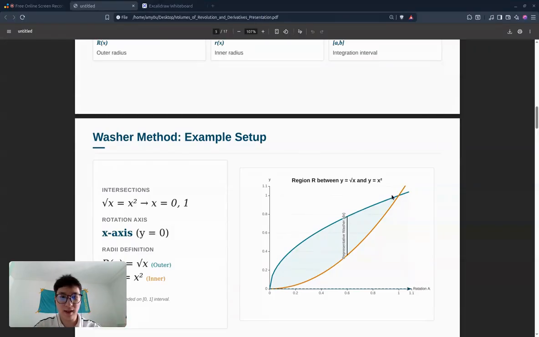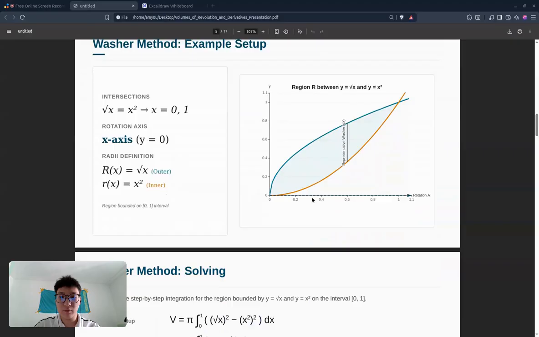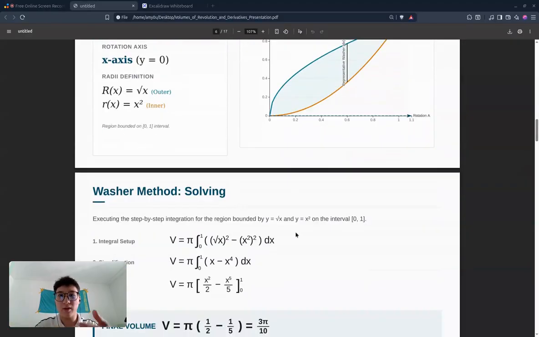You can see on the diagram that the square root of x is our outer radius and x squared is our inner radius, as its values are smaller than the values of square root of x. So we just set up our integral by plugging these values into the formula.